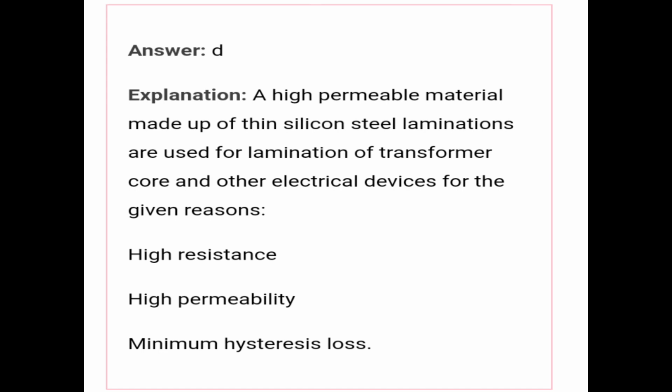The explanation is that a highly permeable material made of thin silicon steel laminations is used for lamination of the transformer core and other electrical devices for the given reasons: high resistance, high permeability, minimum hysteresis loss. It means silicon steel has high resistance, high permeability, and minimum hysteresis loss. So the correct answer is option D, silicon steel.